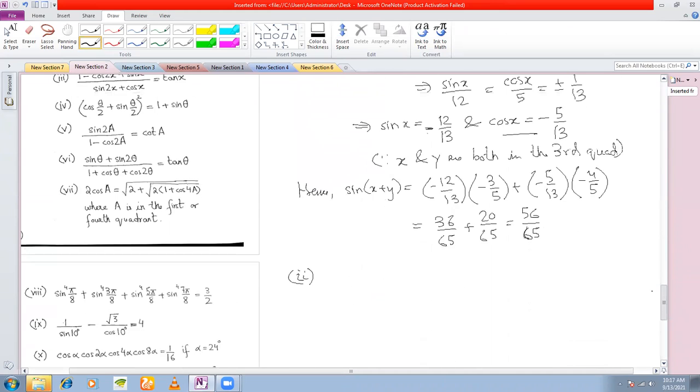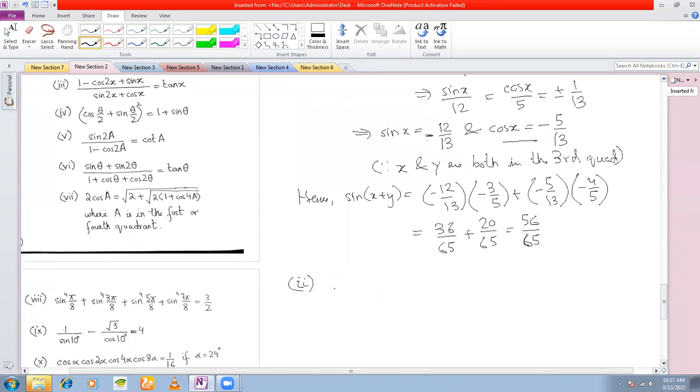Okay. Next question. What do you have to find out for the next question? Cos y by 2. But in order to find out cos y by 2, you need to determine which quadrant y by 2 is in, right? Because y is in what quadrant? It is in the third quadrant. That means y must lie between 180 degrees and 270 degrees.